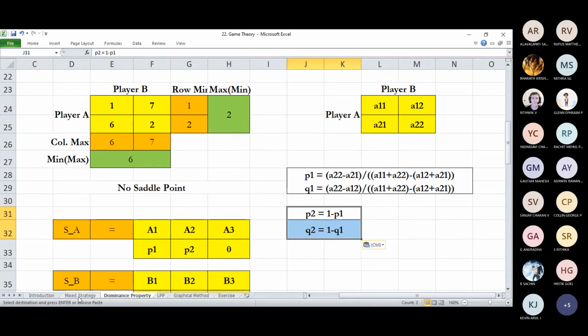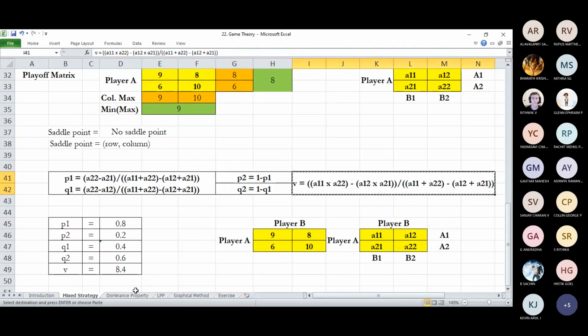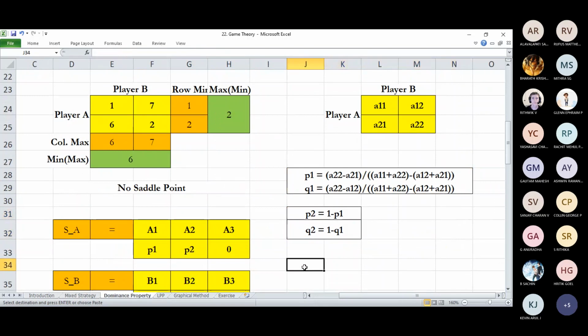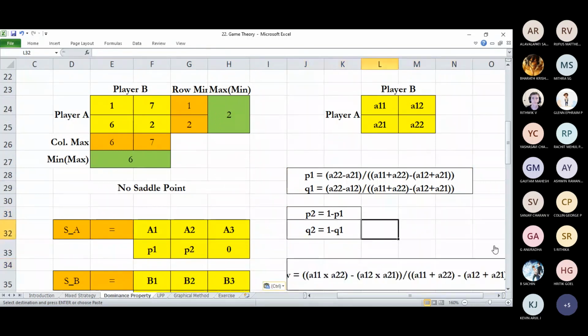Let's take a look at this. We'll try to solve it. Let me calculate it for you. Let's calculate the value of the game.